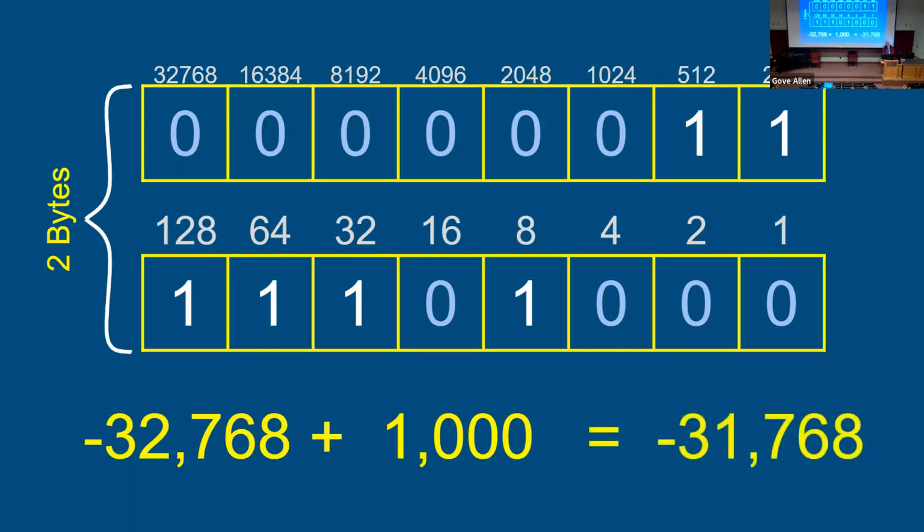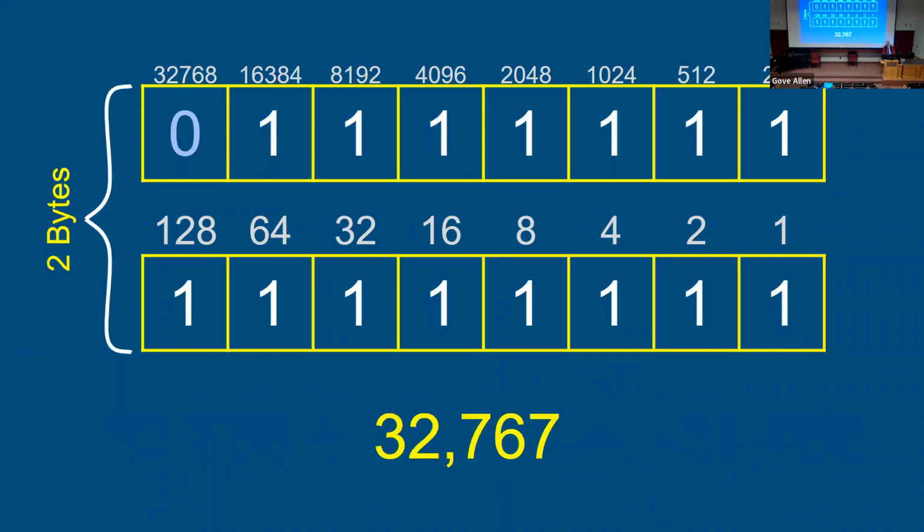The actual value represented here, when I bring it into VBA, is negative 31,768. So there's no negative sign. You have only ones and zeros in memory. The way we get to negatives is that, based on the type, I take the number I have there and add it to an initial starting value that's usually pretty low.